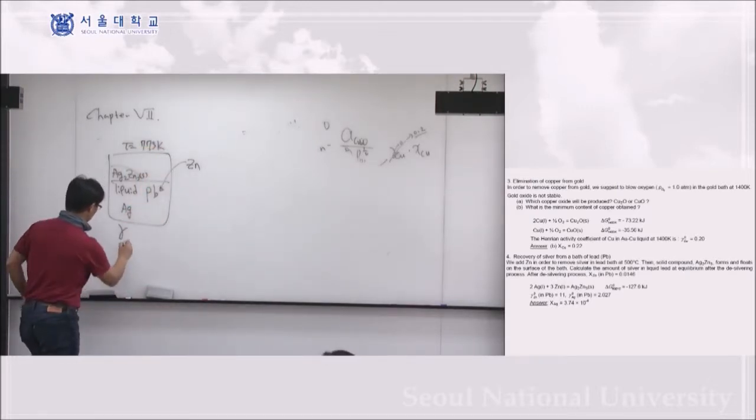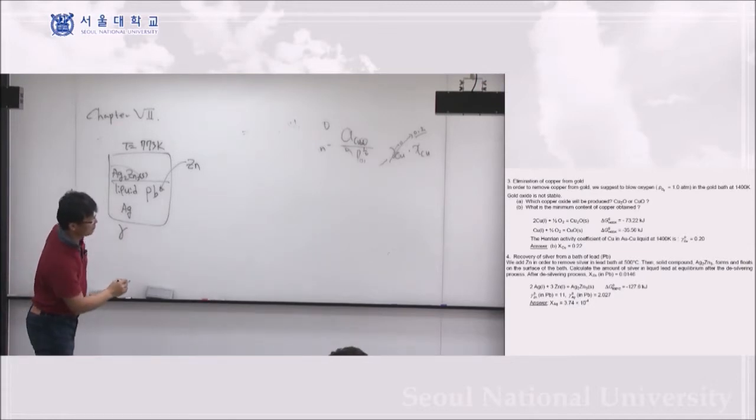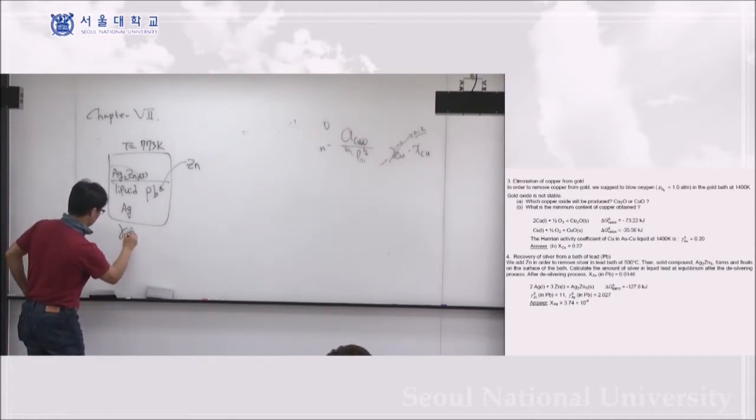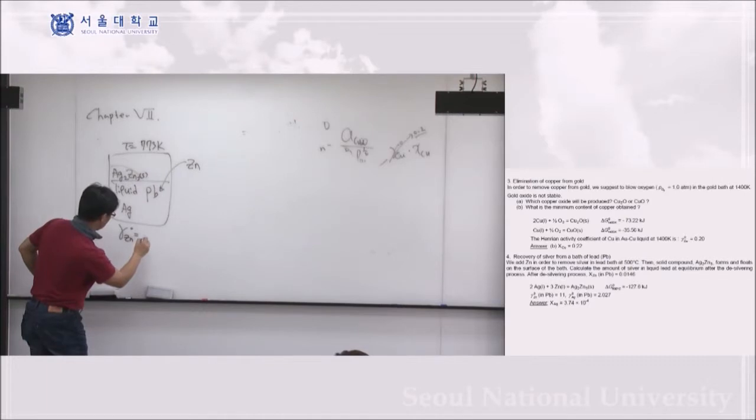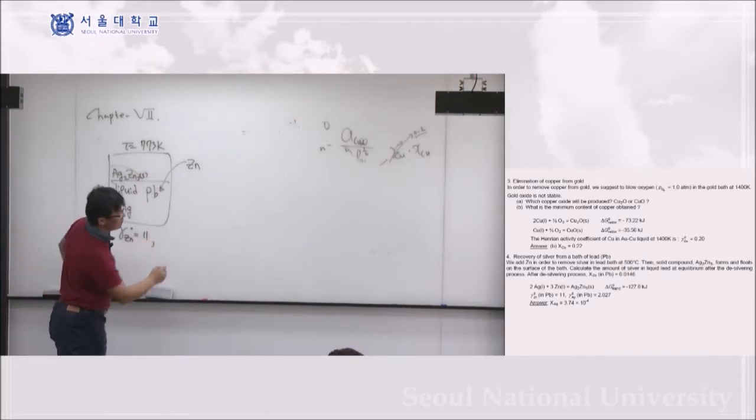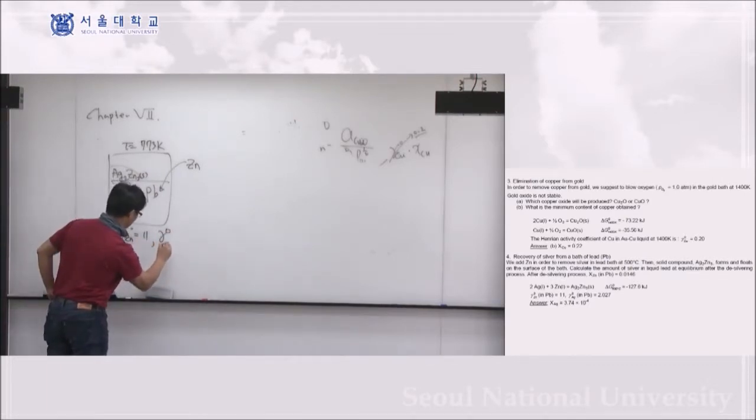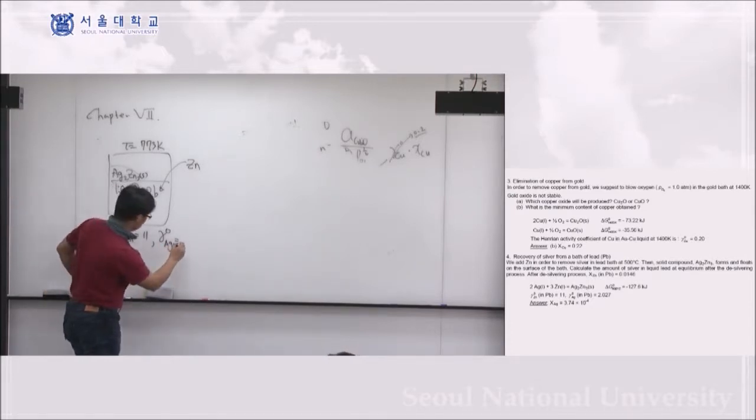The Henrian activity coefficient of Zn is equal to 11, and the activity coefficient of Ag, silver, is equal to 2.027.